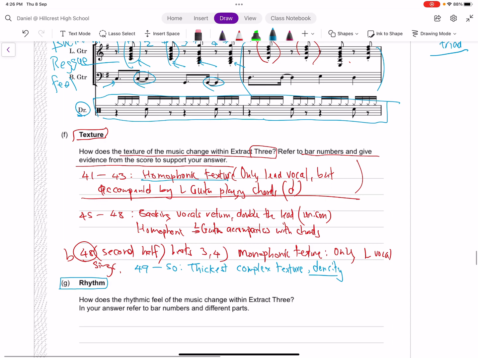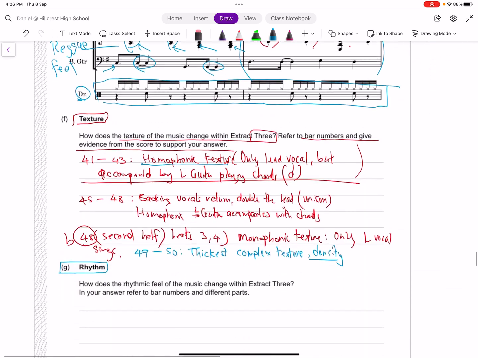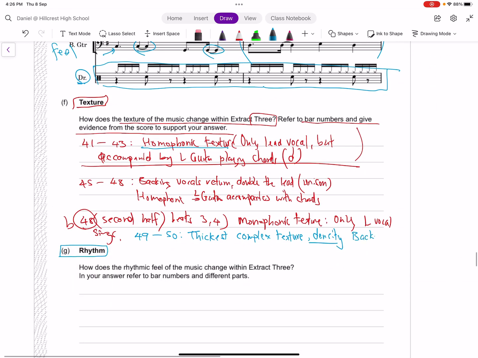And you're going to say why, where you could describe these backing vocals are harmonized. There's two-part harmony going on. But you've also got an independent solo line combined with rhythm, the lead guitar playing.